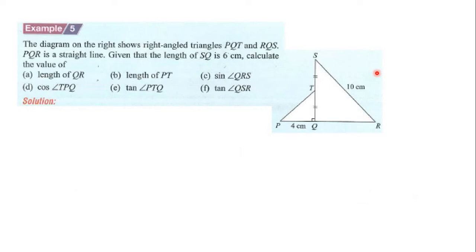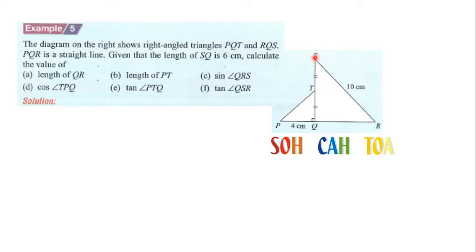Now example 5. The diagram on the right shows right angle triangles PQT and RQS. You have two right angle triangles. PQR is a straight line, which means this angle is 90 degree. Given that the length of SQ is 6 centimeter.